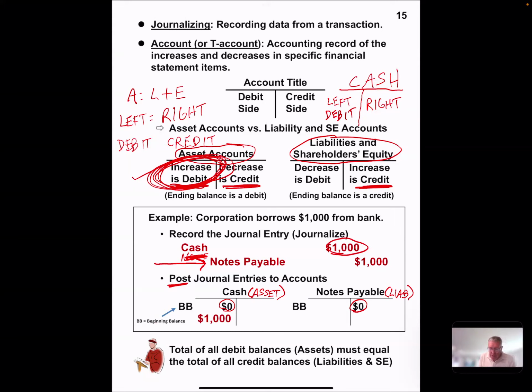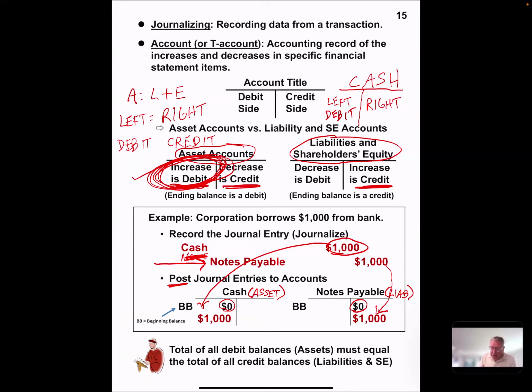So we'll record that as a $1,000 increase to the cash account. And the note payable, we now owe the bank $1,000. So that note payable is now increased. How do we increase a liability? We increase liabilities with a credit, right? So notice again what we did there. We copy them to their appropriate account and to the appropriate debit or credit side of that account.